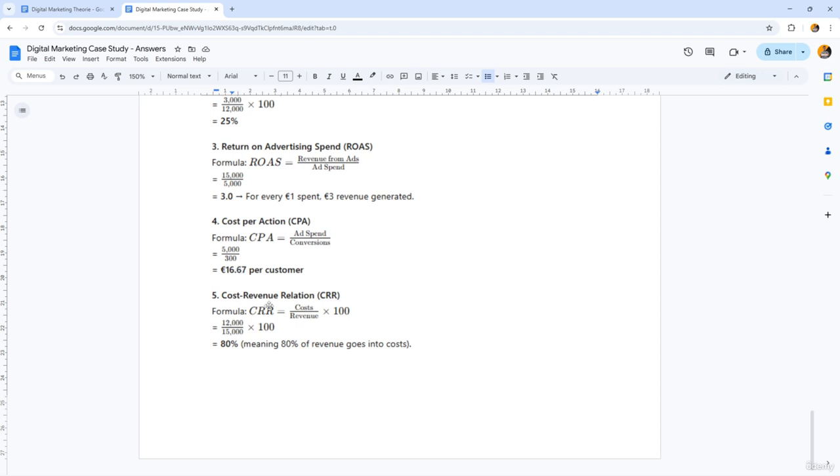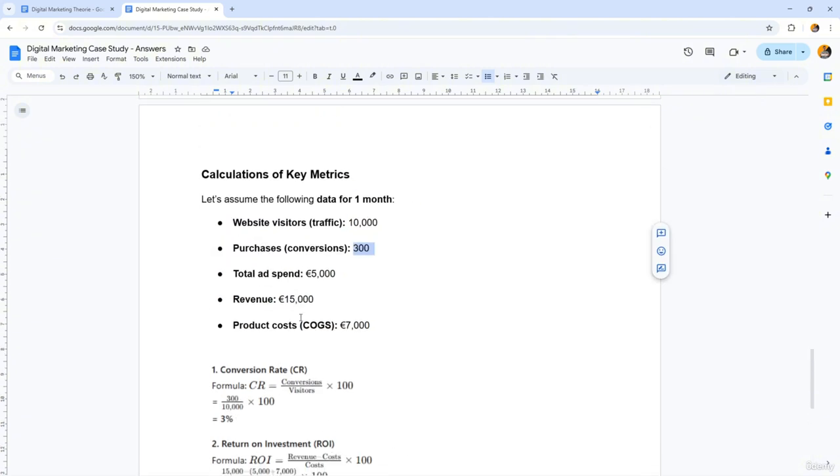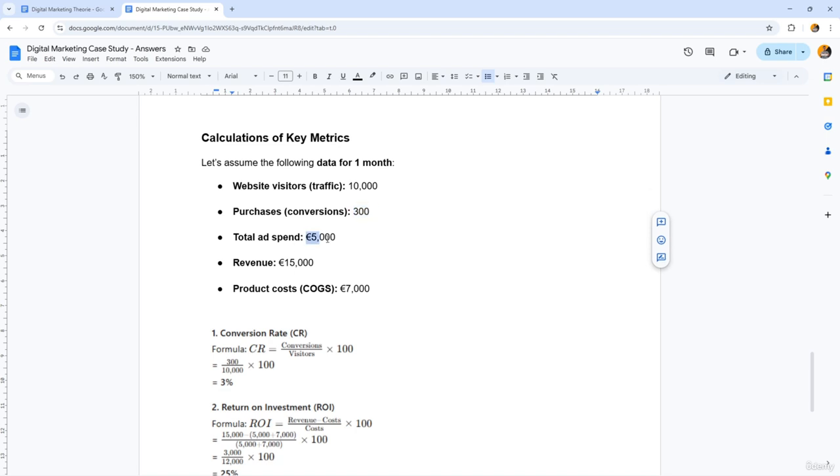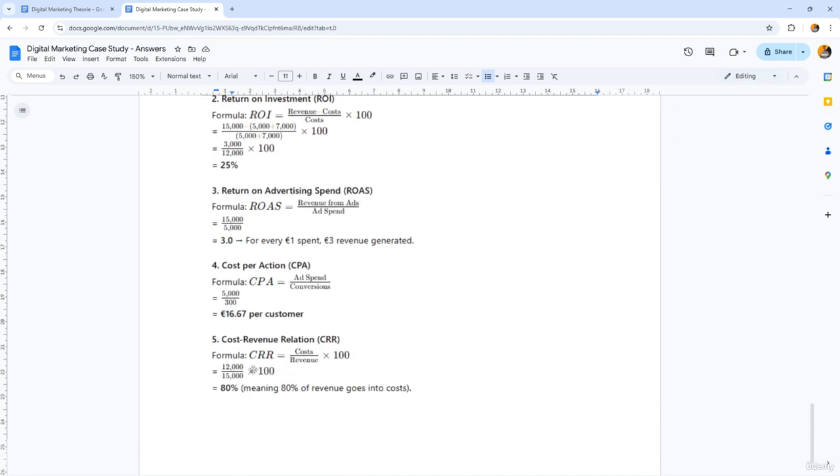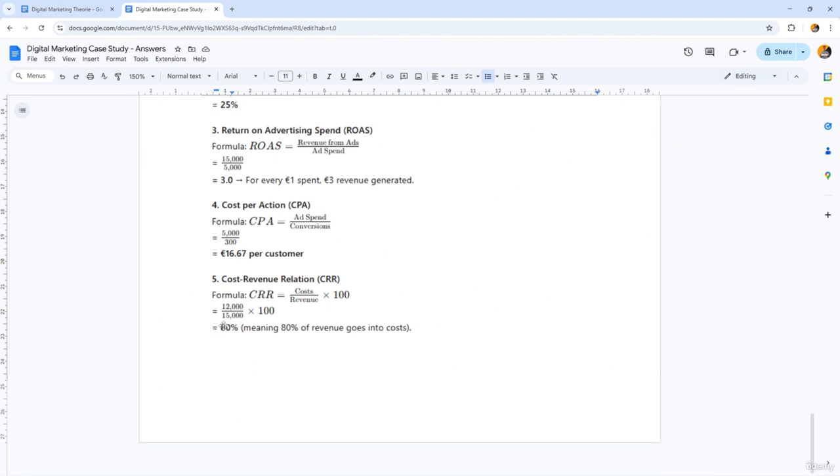And then the cost revenue relation. That is, as we said, the number around. We have the costs, which is all the costs, 5,000 plus 7,000, divided by revenue. And then we know, okay, this is 80%, meaning 80% of revenue goes into cost, which is quite a lot, but that also means we have a net profit margin of 20%.